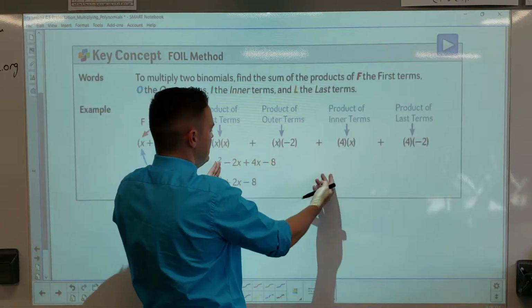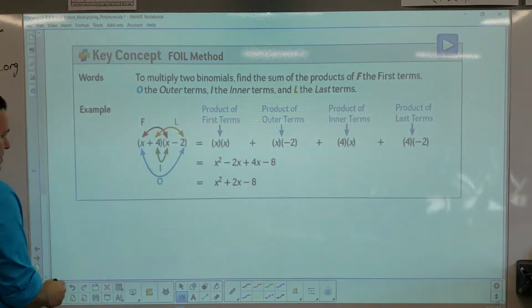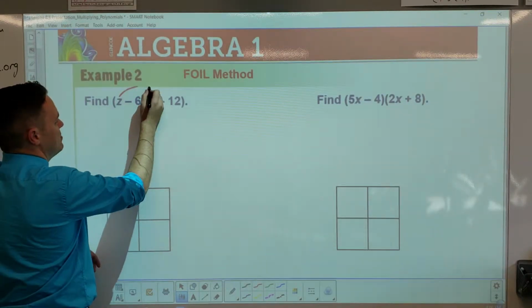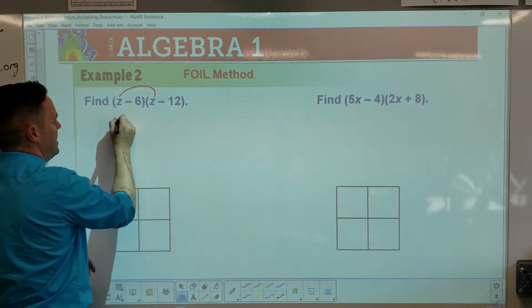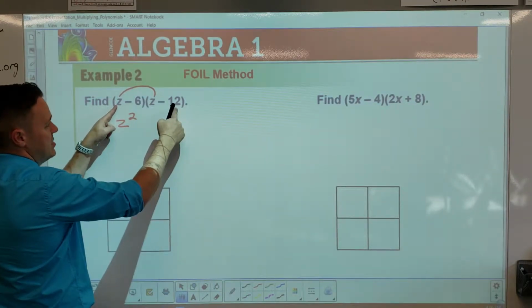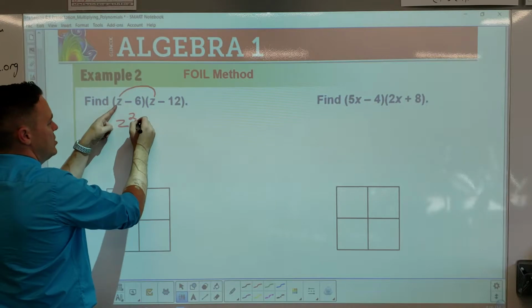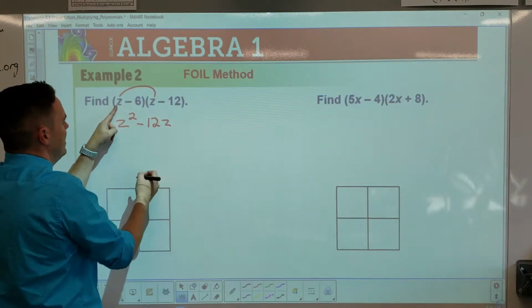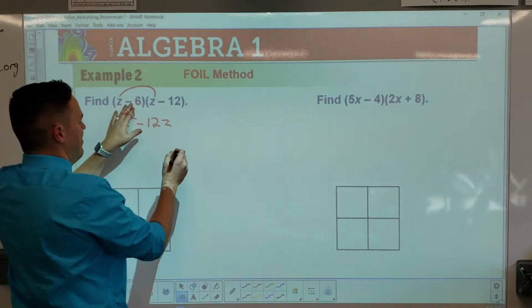So you would multiply them together, and this is how you create it. So let me explain the FOIL method using this way. So it'd be first term like here, so that would be z squared, and then it'd be z times the outside term, the O. So it'd be minus 12z. I hate the z because it looks like a 2. Sorry, I have bad handwriting.